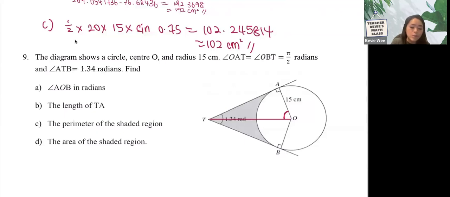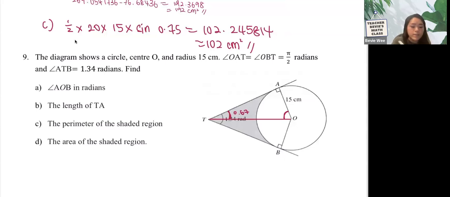Okay, so if this is 1.34, can you all help me work out what is the value of angle ATO? Angle ATO. I divide by 2, I get 0.67 radian, right?